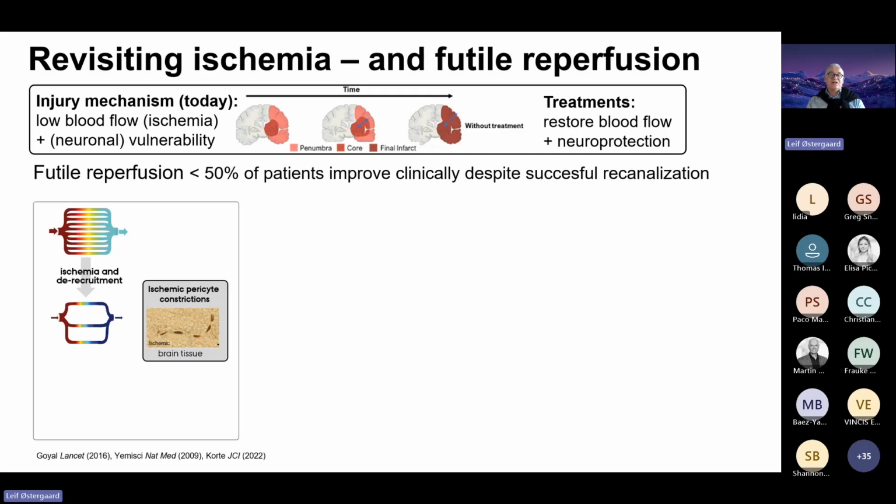So therefore, there are fewer capillaries in the middle figure, simply because we imagine that some of those have been closed by the low perfusion pressure and by the low blood flow in general. When we then restore blood flow, you can imagine how two things can happen.